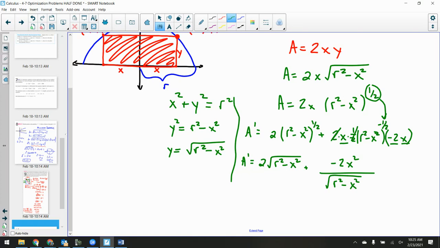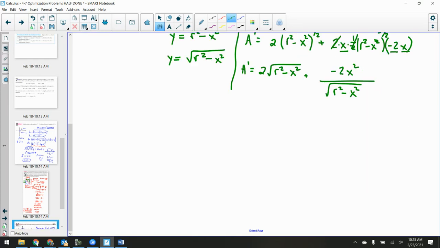Now, just to simplify things, just to get it into one fraction, I'm going to do a common denominator here. Okay. So I am going to multiply the left term by the square root of this denominator, r squared minus x squared. Right, just to get it as common denominators.